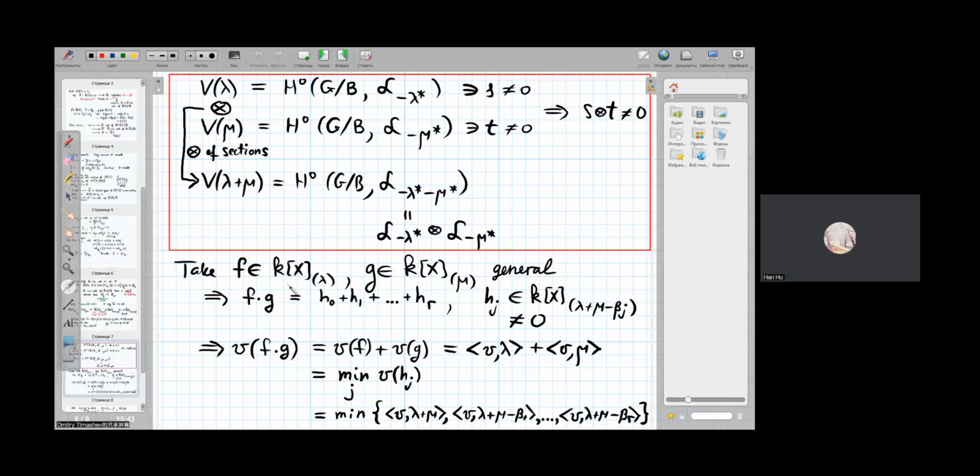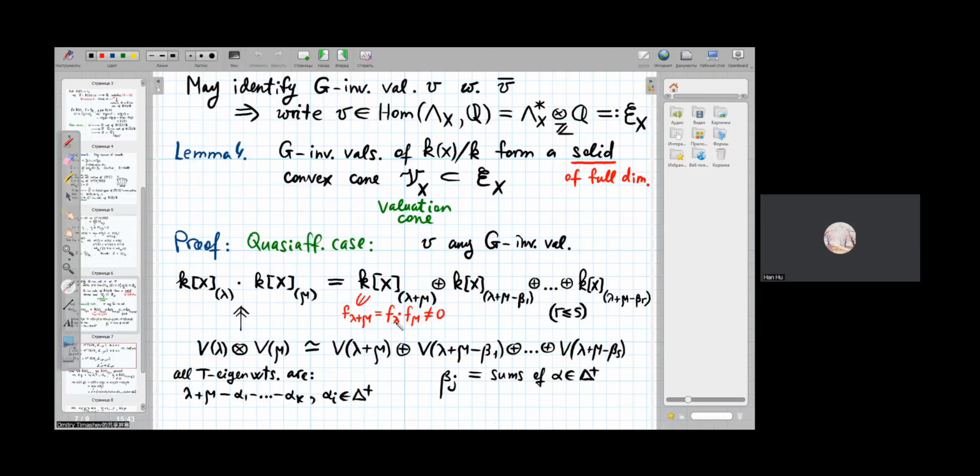For instance, you may take highest weight vectors in here and in here. When you multiply them, you get just the highest weight vector in here. So when you multiply f lambda with f mu, you get f lambda plus mu, again the highest weight vector of this highest weight, and it will be non-zero because you multiply two non-zero functions. So for highest weight vectors, this is true.